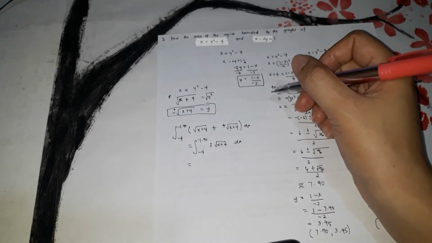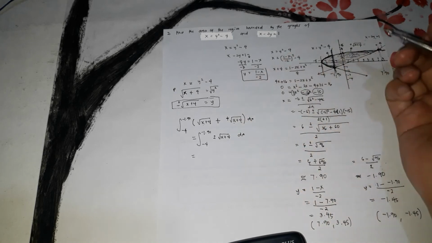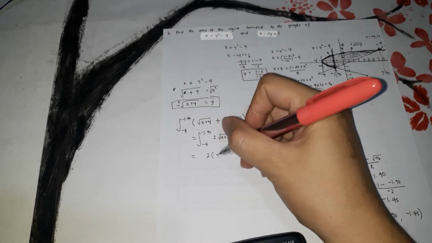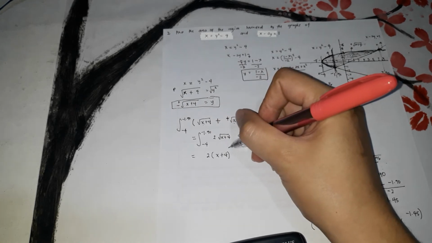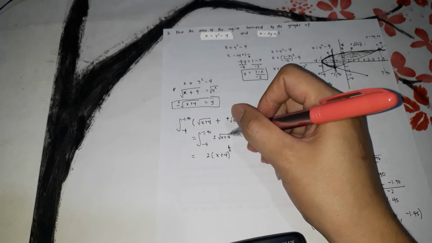So you can have substitution, or you can have method 1. There are two methods. So we're just going to have the first. Diretso na lang. So 1/2, this is x plus 4 raised to the power of 1/2.